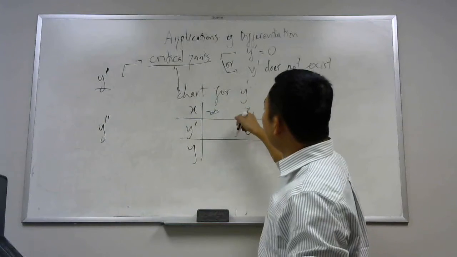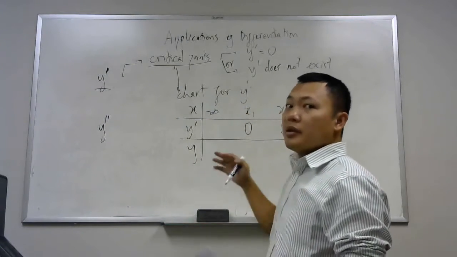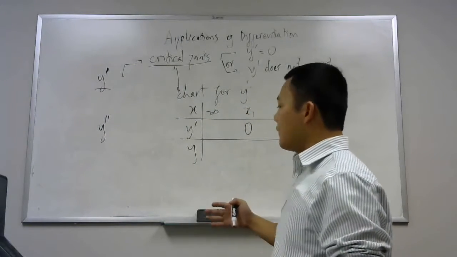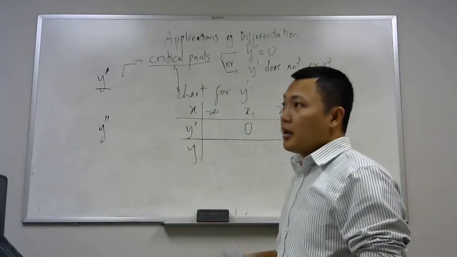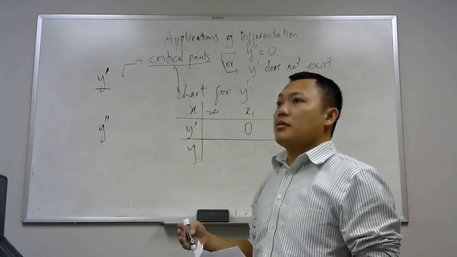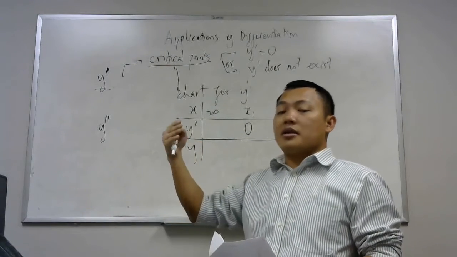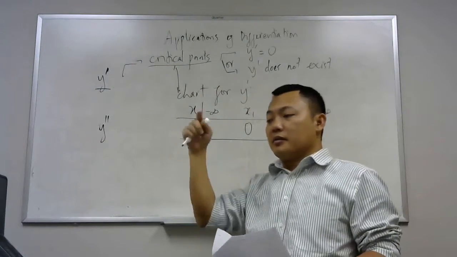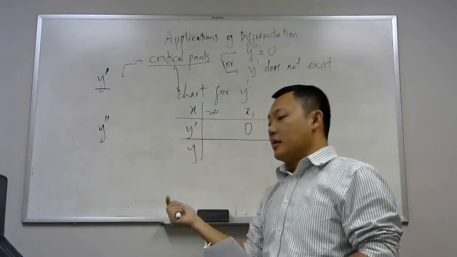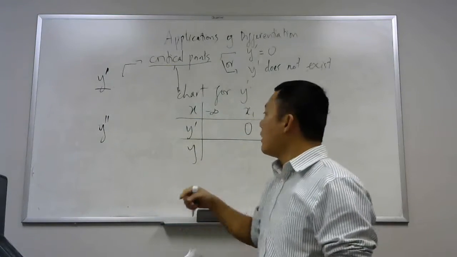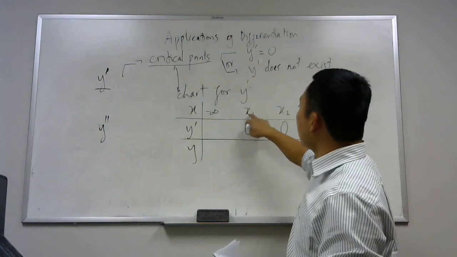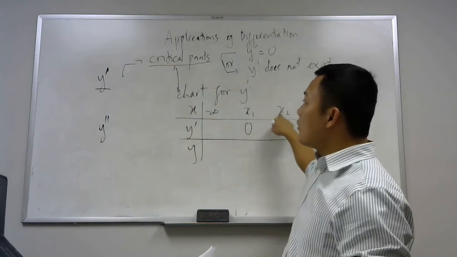So you have three intervals in here, and you need to find the sign of the first derivative in each interval. We need to find the sign of the first derivative because we want to see how the derivative changes sign, right? Go from positive to negative, go from negative to positive, or does not change sign when x passes through x1 or x2, because that is important.